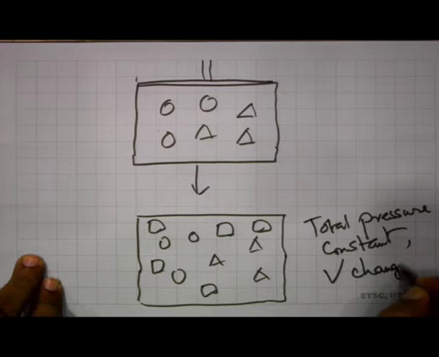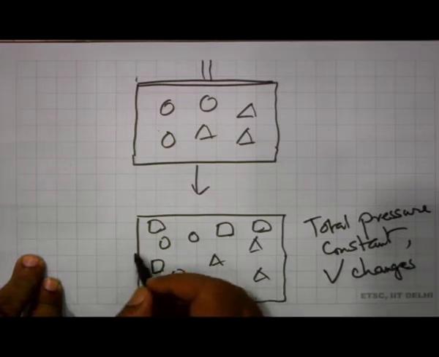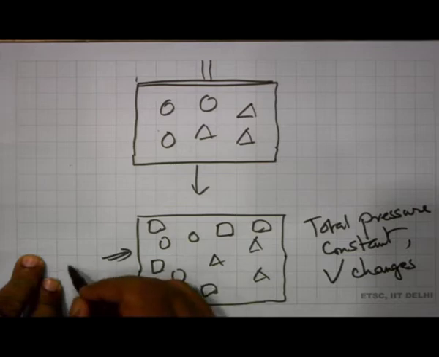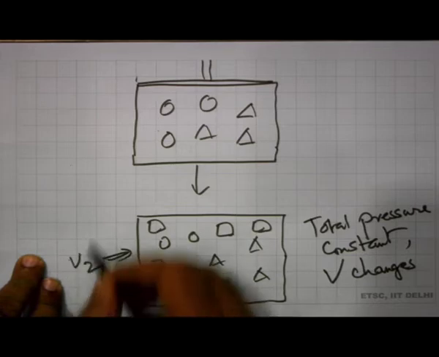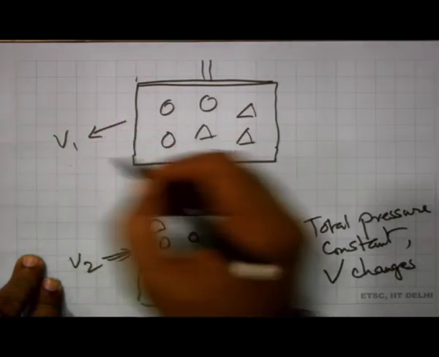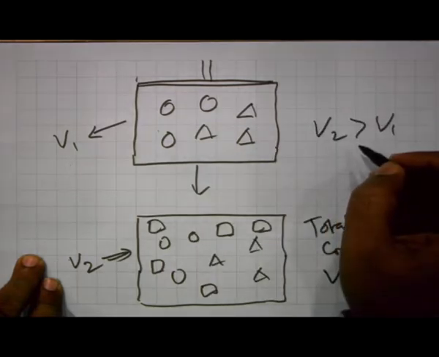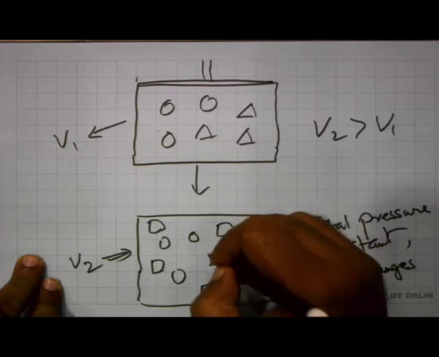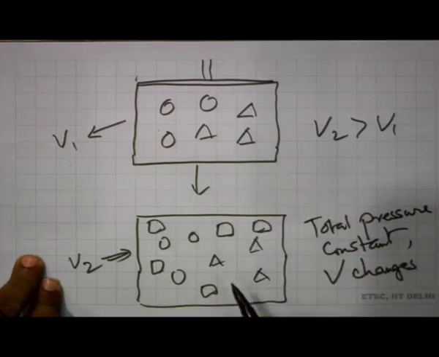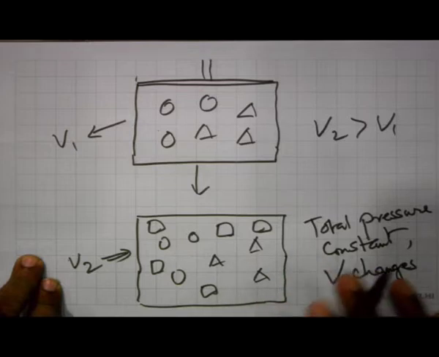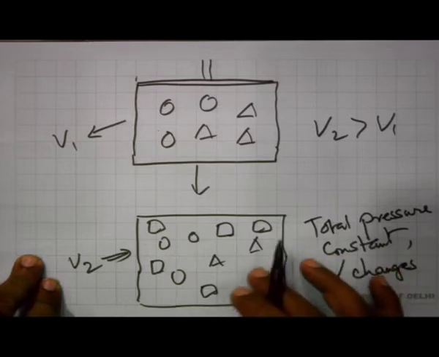So this volume V 2 is greater than V 1, and introduction of inert gas does not increase the pressure, it is kept constant. In that case, what will happen?